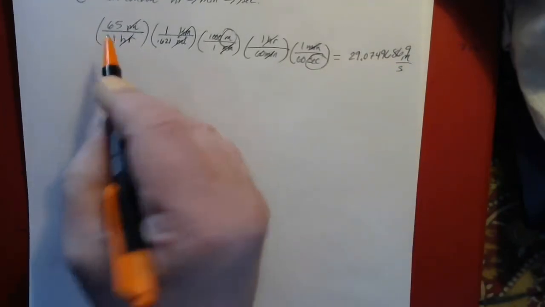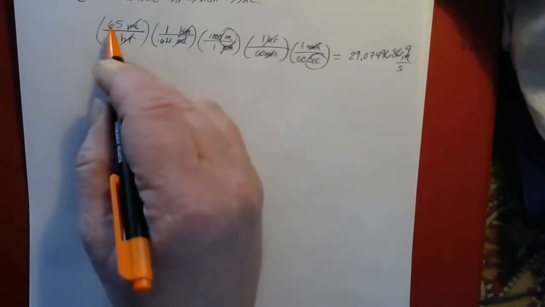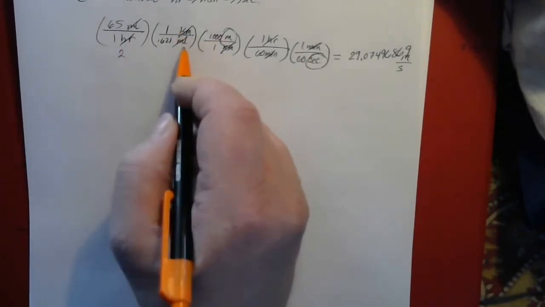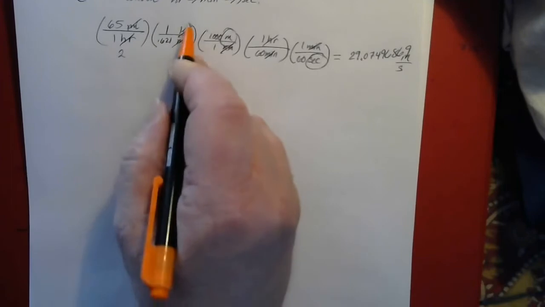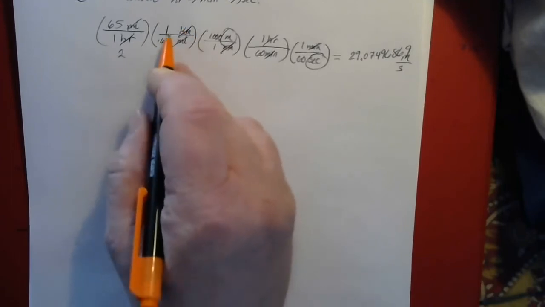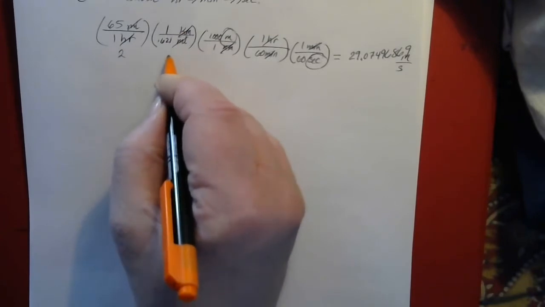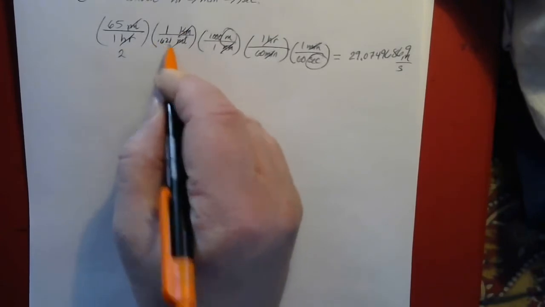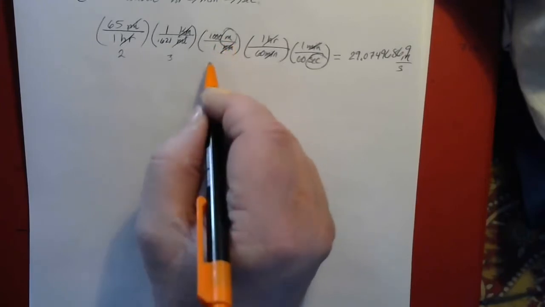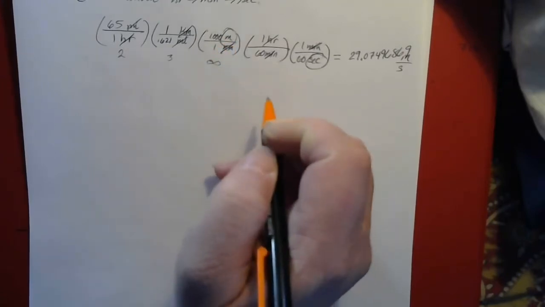So looking at significant figures, we've got 65 is obviously 2. The conversion factor between kilometers and miles is between English and metric, so that is not infinite. It's 3 significant figures for the 0.621. Meters to kilometers, though, is metric, and so that's infinite.